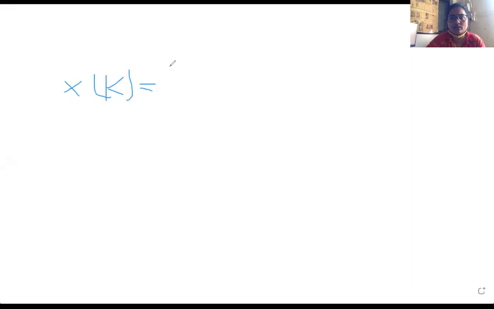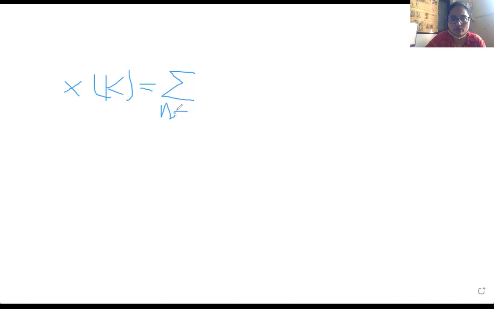X of k is equal to summation, n varies from 0 to N minus 1.